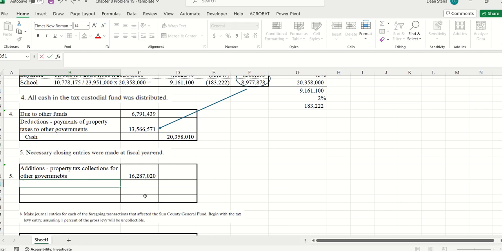And then we're going to have the deductions. Okay, so deduction, we know what that's going to be, right? That is the 276,869.